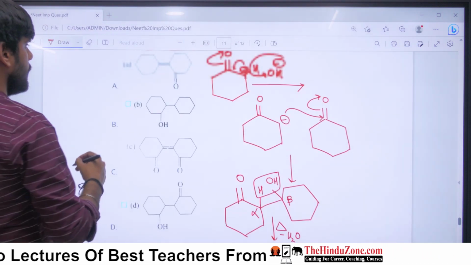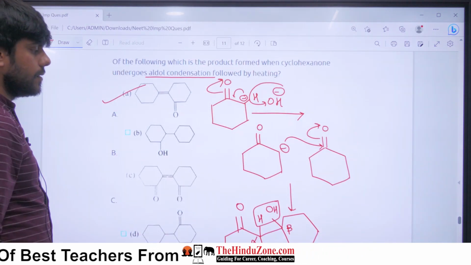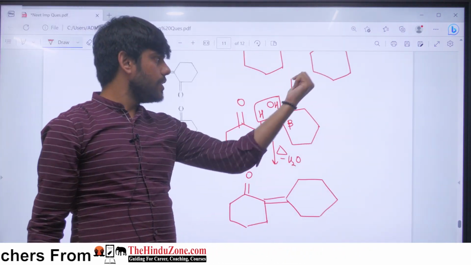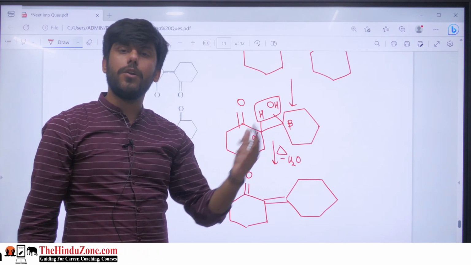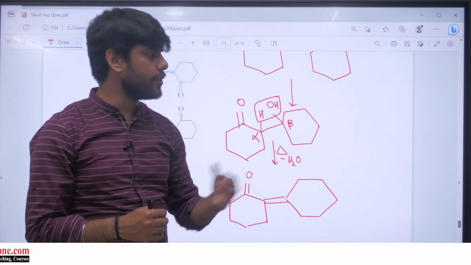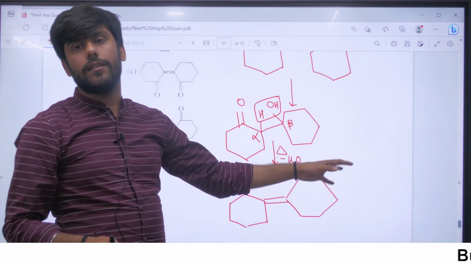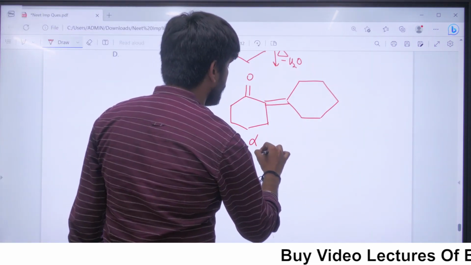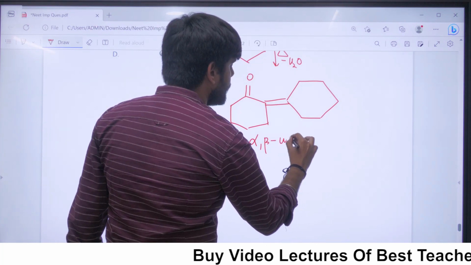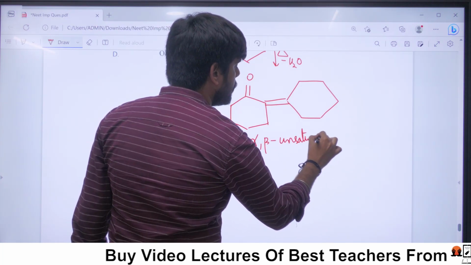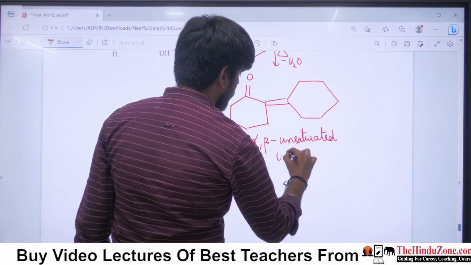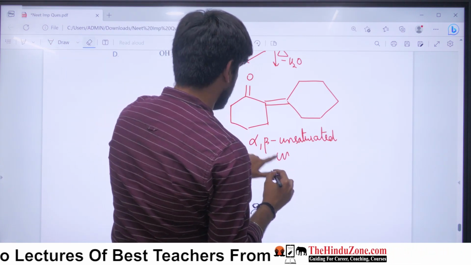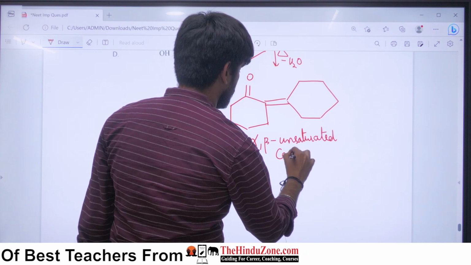So if you see, A is the right answer. Is that clear? So till here, till the formation of the aldol or ketone, it's aldol reaction. After heating, this is called aldol condensation, and you get alpha beta unsaturated carbonyl compound.